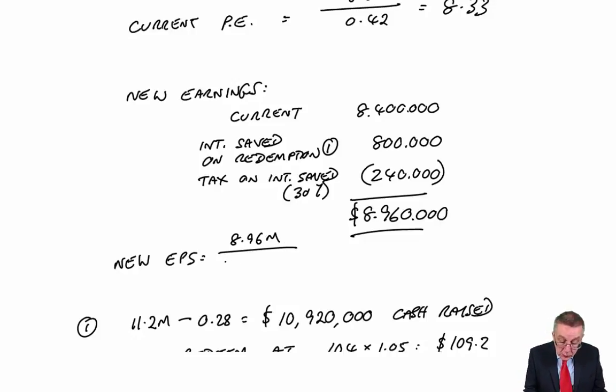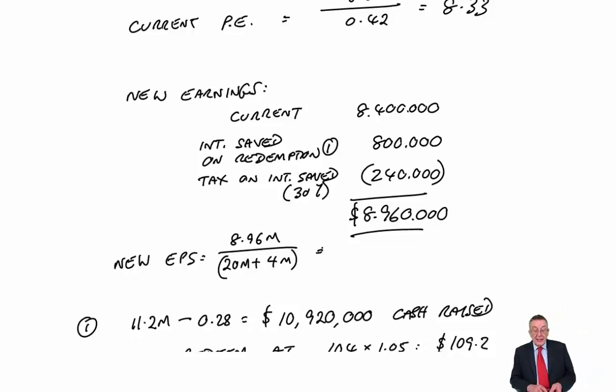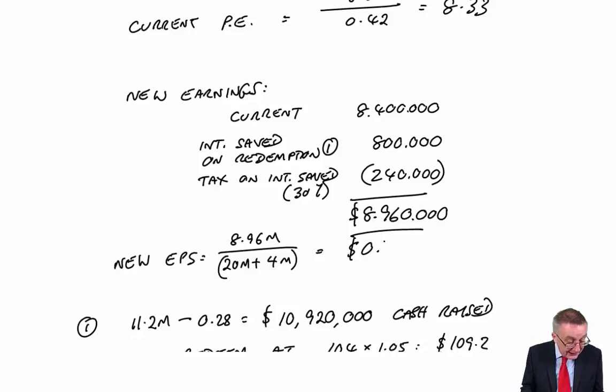At the moment, there are 20 million in issue, but we've had the rights issue, remember, of 1 for 5. So an extra 4 million. It gives a new earnings per share of 8.96 divided by 24, which is 0.3733.